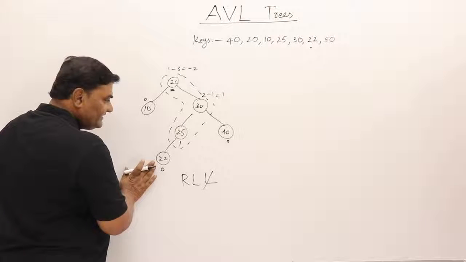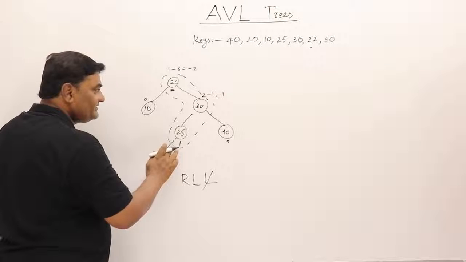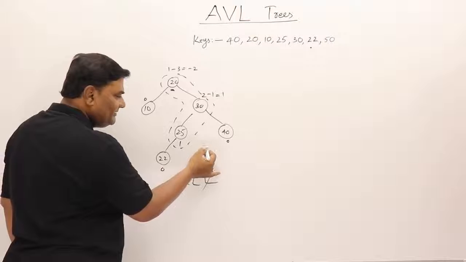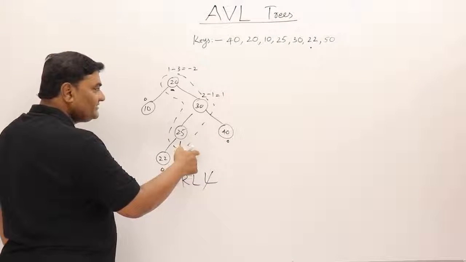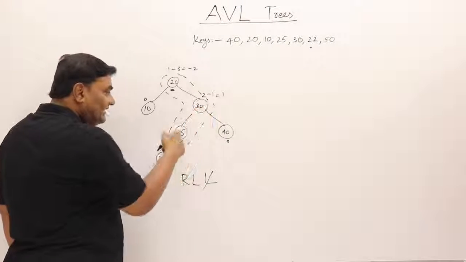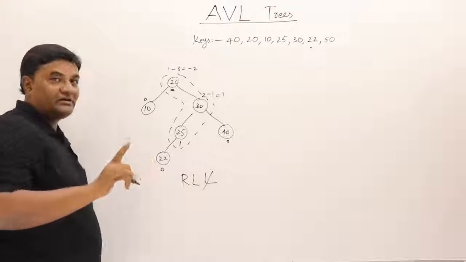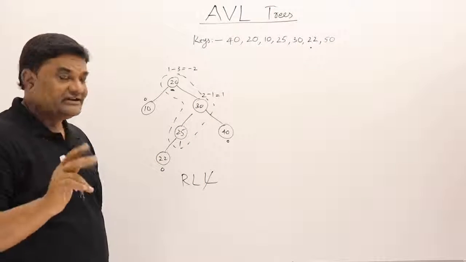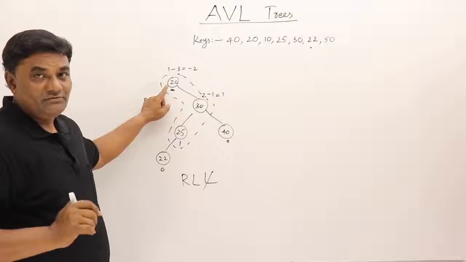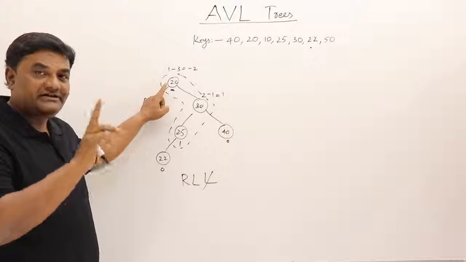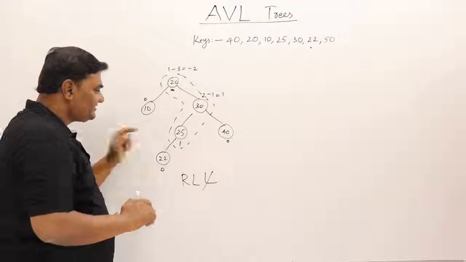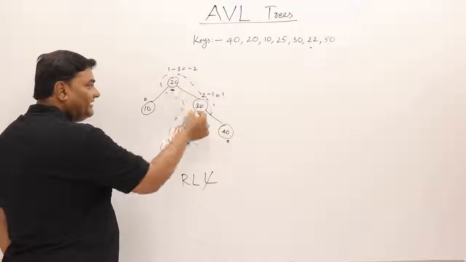Even if I had not inserted 22, if I had inserted 26, it would have come here. Then also insertion is on right, left we say. It will be right, left, right. So we will not take all steps. Just 2 steps from an imbalanced node. Whoever became imbalanced, from there just 2 steps. So if you just take 2 steps, perform LR rotation.